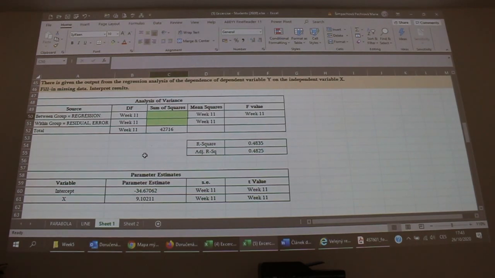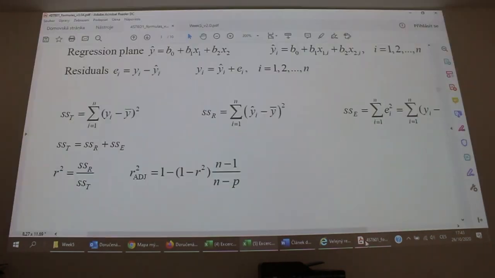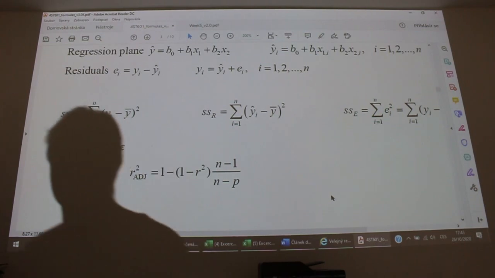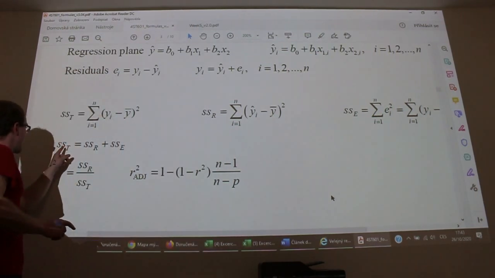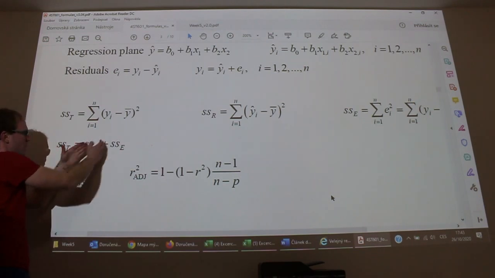So regression sum of squares will be equal to R square times total sum of squares. I will use only two decimals. The result is 20,653.19.